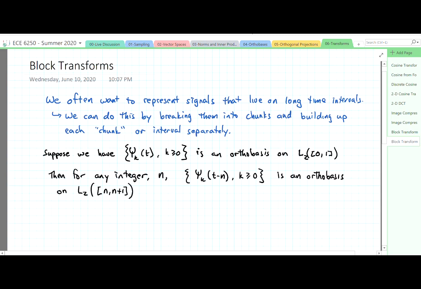So let's define psi k comma n of t to be psi k of t minus n.